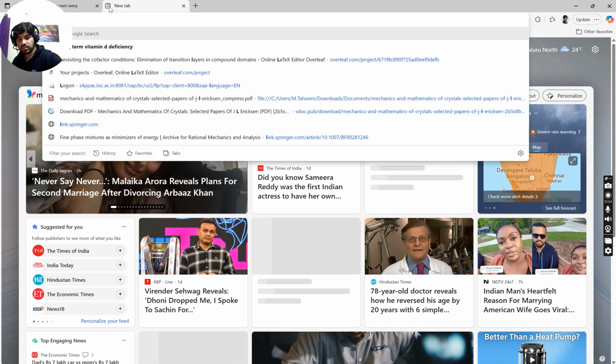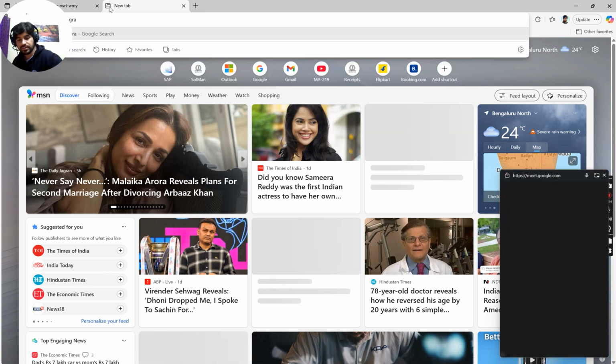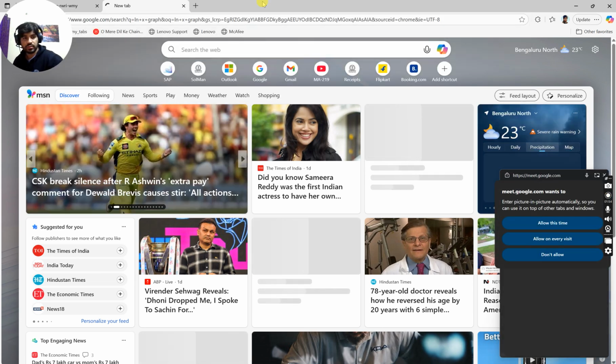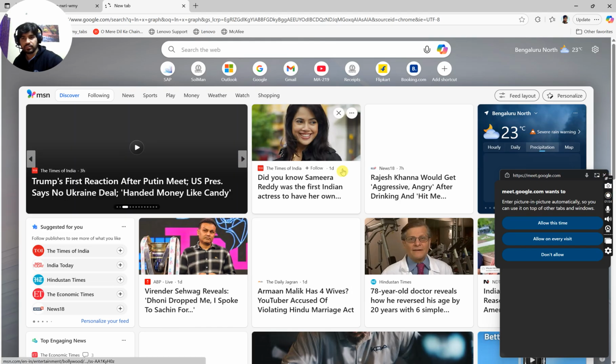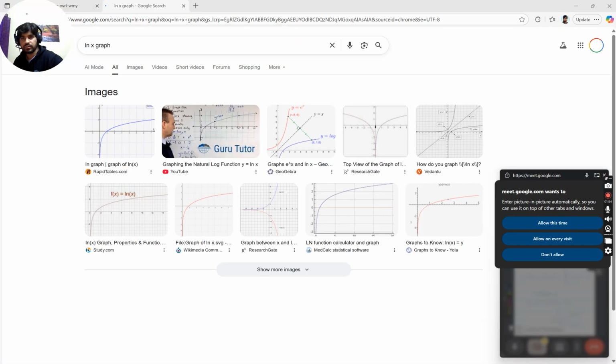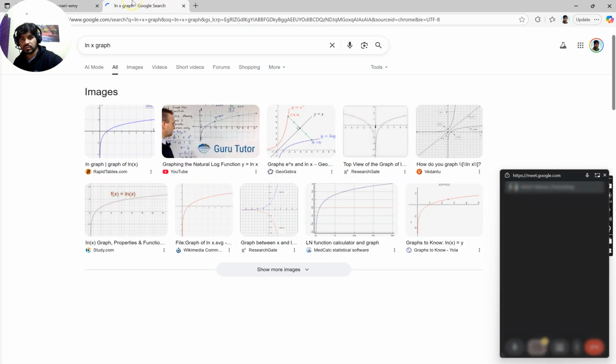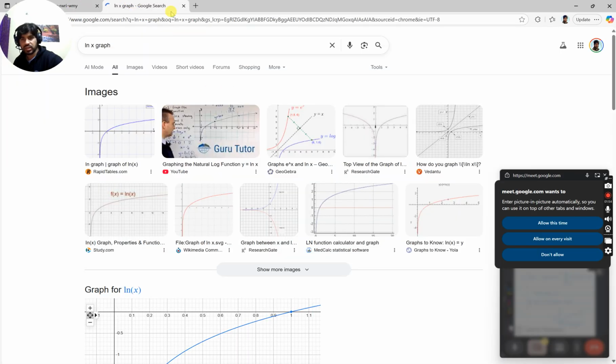So let's see, log x graph. Oh, you may not be able to see this, but yeah, this is the log of 0. Log of 0 is 1, so it will pass through here, right? Oh sorry, log of 1 is 0, so this graph will pass through this point, right?